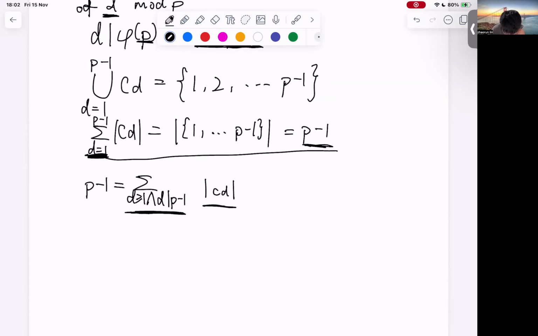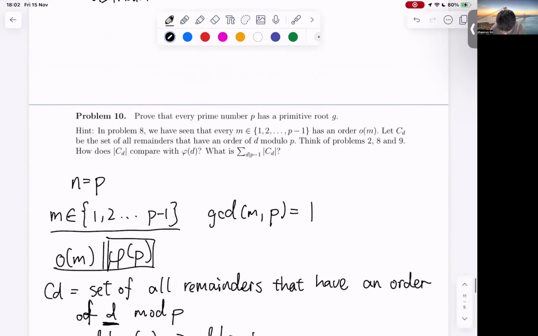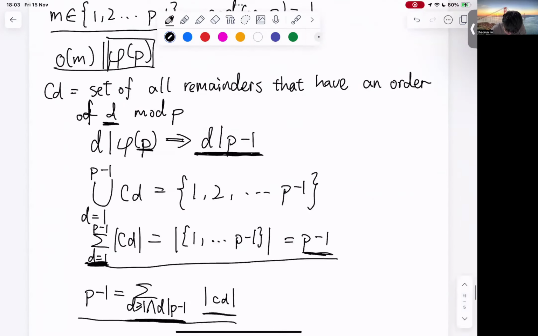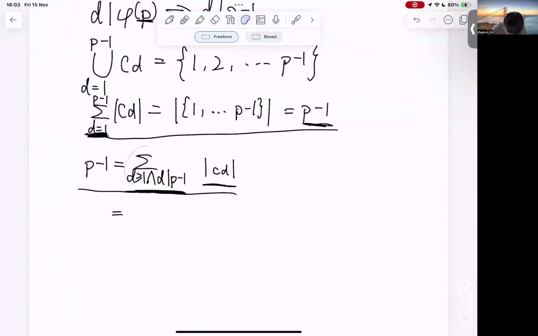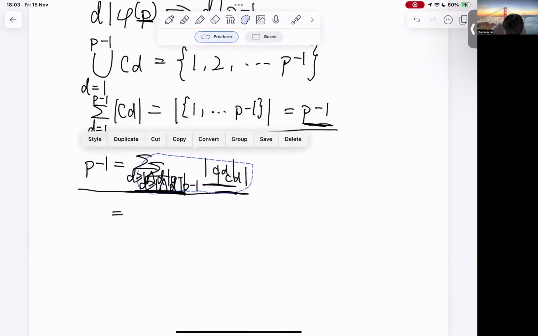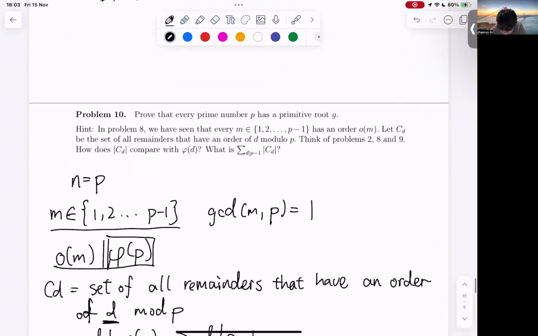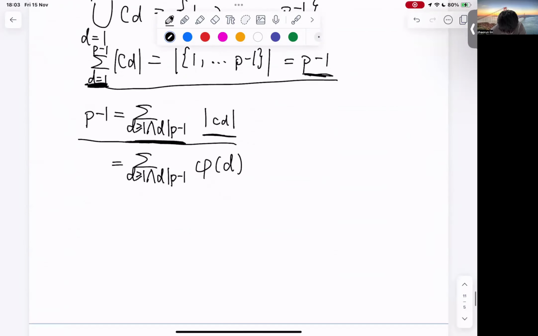So we have this relation, and from problem 9, we have this relation: it is just the Euler totient value of such order d.